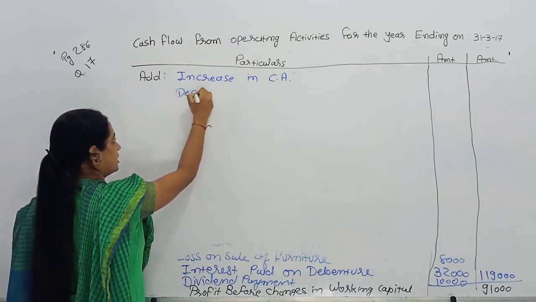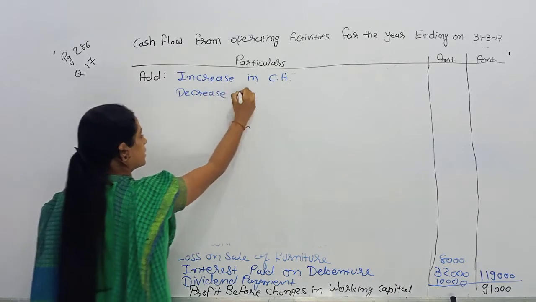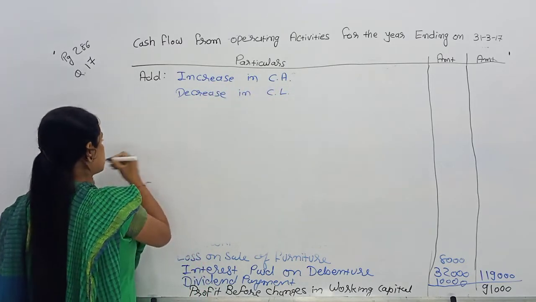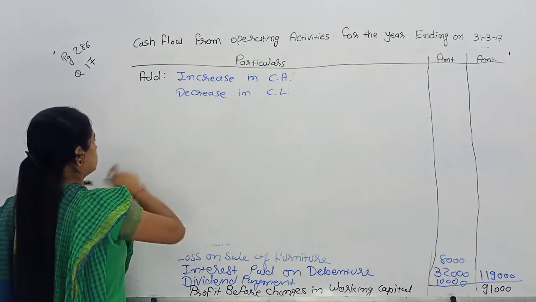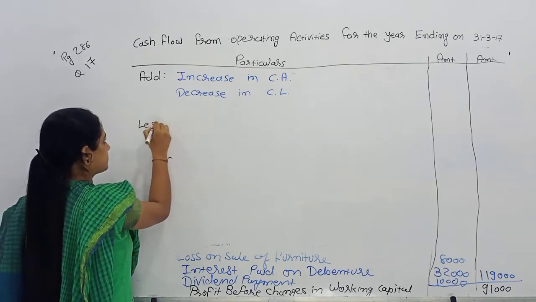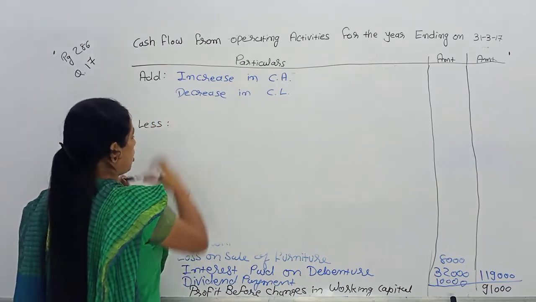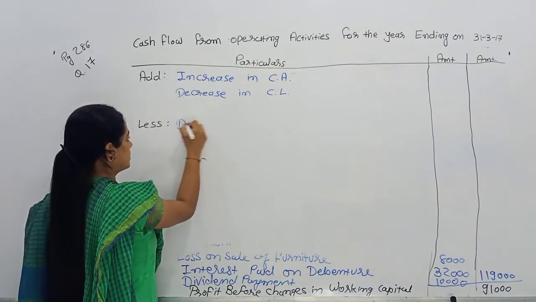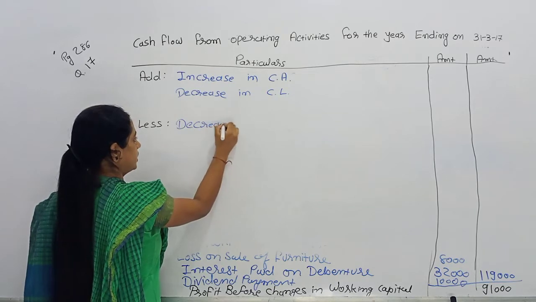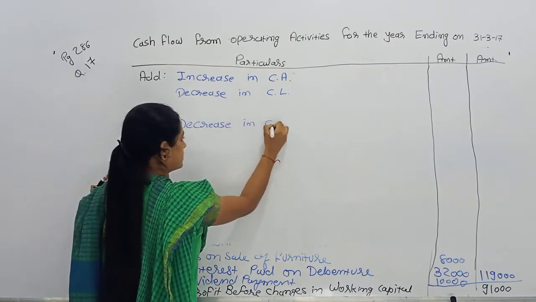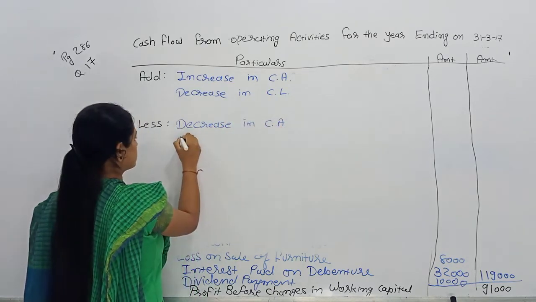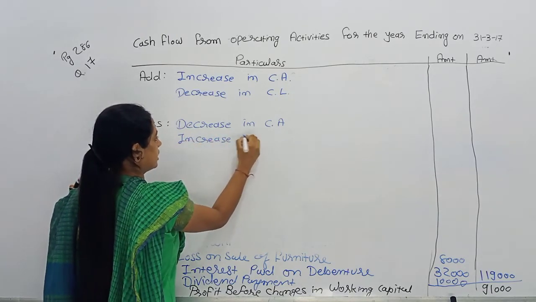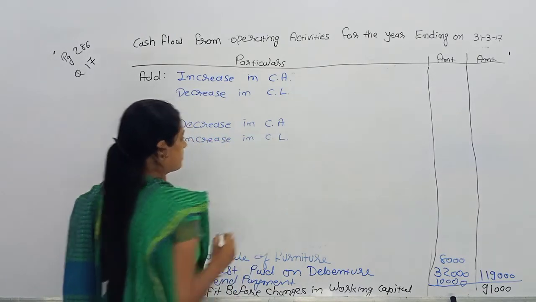Then decrease in current liability. Then one line space. Then we have to less the opposite of this, increase in current assets. So here we'll write decrease in current assets and increase in current liabilities, right?